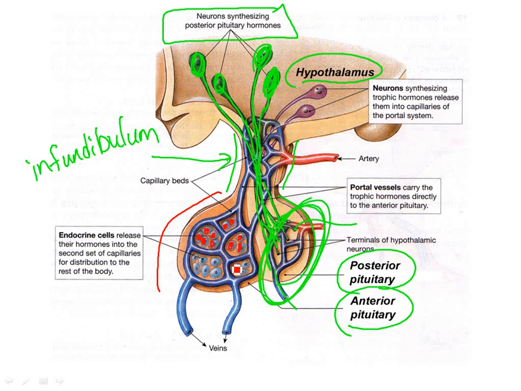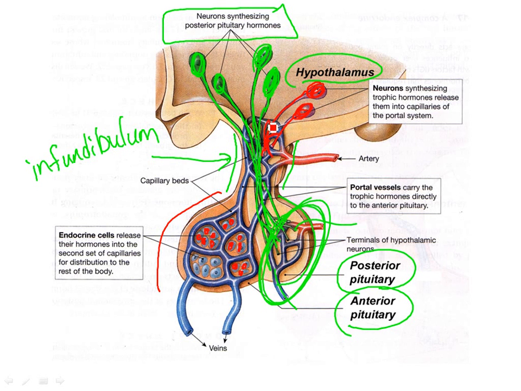But those hormones are under the control of the hypothalamus, okay? So up here we have neurons in the hypothalamus that are going to stimulate the release of other hormones. Okay, so neurons are going to make trophic hormones. Trophic means to cause a changing, okay?